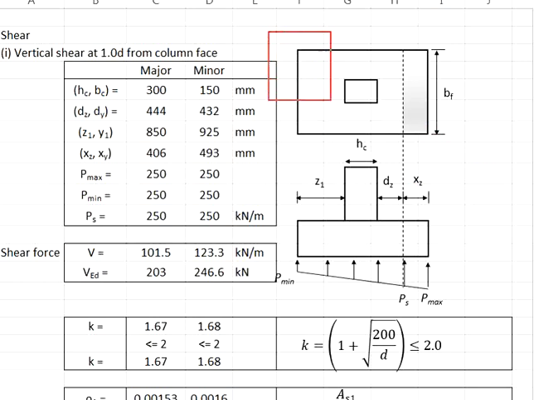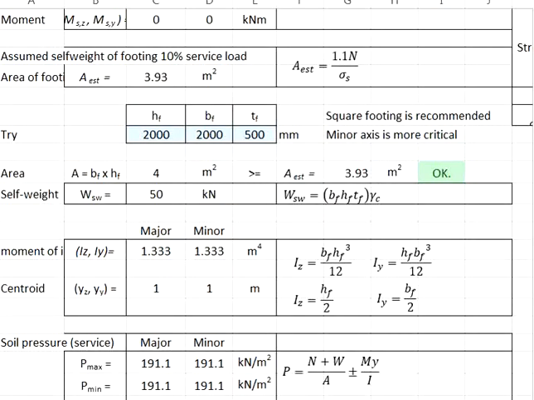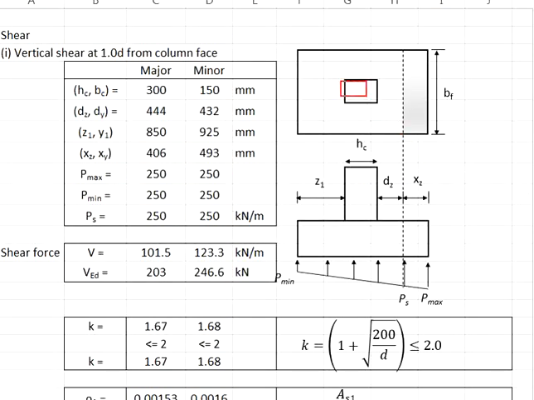This can be done if you sketch the diagram. First, know the dimensions of your pad footing, which is 2 meters times 2 meters. And then the dimensions of your column, which is 300 times 150. Your column, it will be at the center of the pad footing.